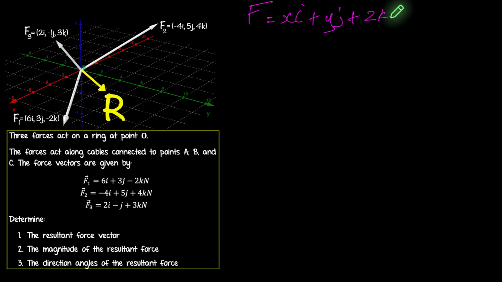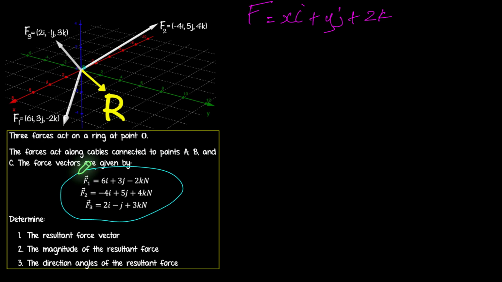Now, what we have to do in this context is to first of all sum our components. So that's what I'm going to do now. Right here is where we're looking, and we're going to sum all the components for the i vector, or along the x-axis.